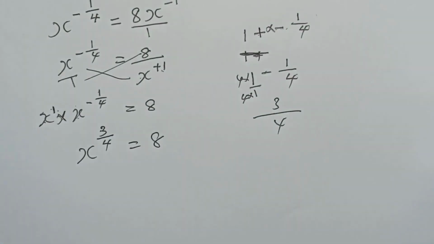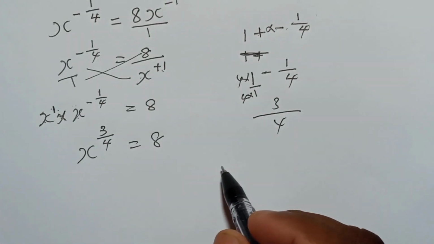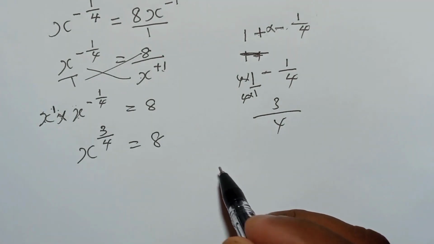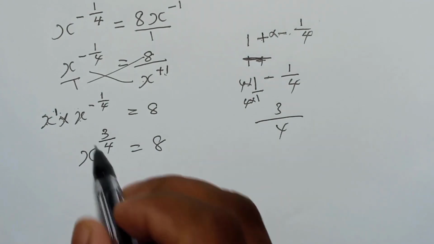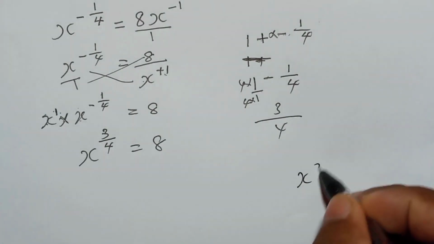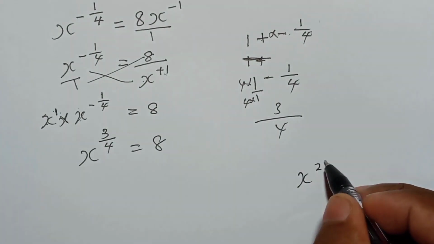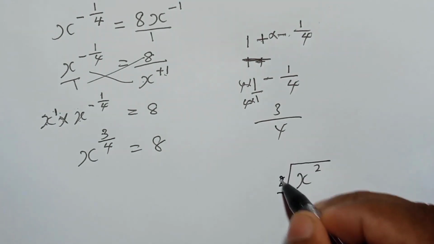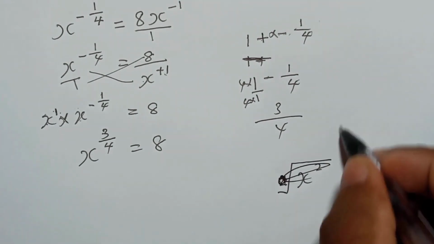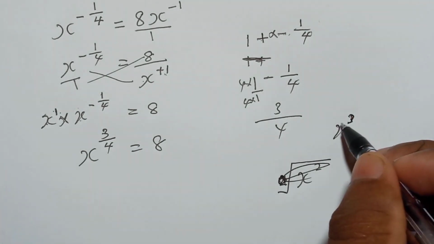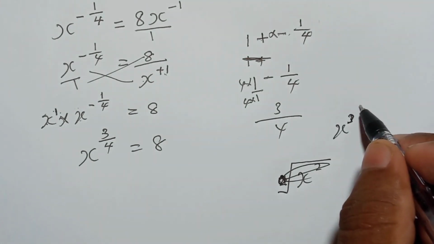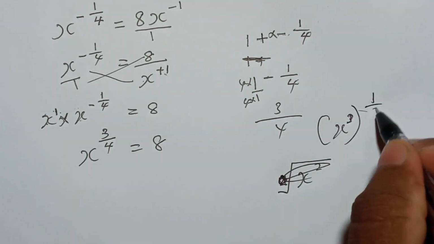And here is something maybe new to you, which we do rarely. We know that for x to the power 2, if you need to remove it, we put the square root, or if you have x to the power 3, to remove 3 we put the cube root, or you can write the cube root as 1 over 3.